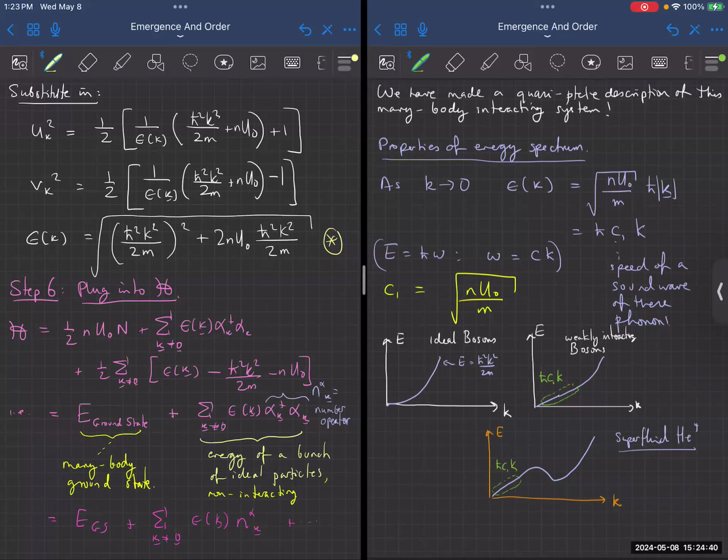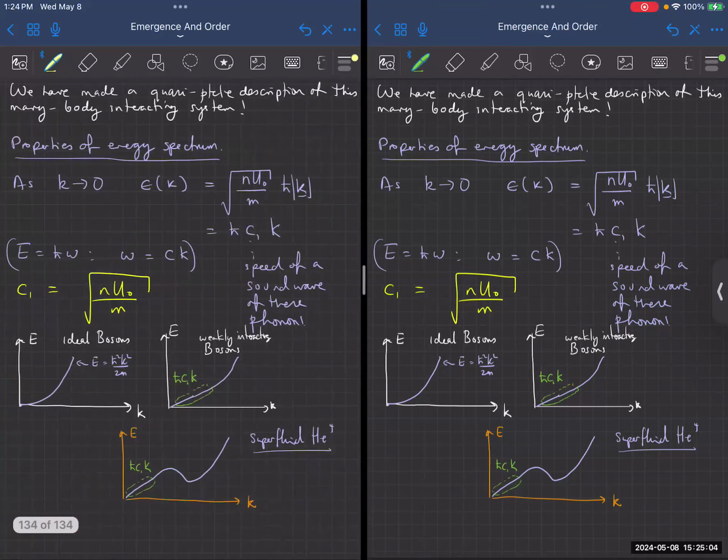And so we've actually explained what is going on here. We've turned a quadratic dispersion relation for the ideal bosons into a linear dispersion relation at long wavelengths, and that is a consequence of the interactions in the system.